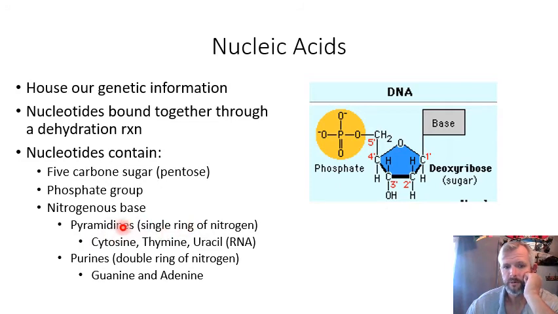There are the single-ring pyrimidines: cytosine, written as a C, and thymine, written as a T. In RNA, the difference from DNA is that this is a ribose sugar, and instead of T, it has uracil in the place of T. Then the purines are a double-ring nitrogen structure, and those are guanine and adenine.